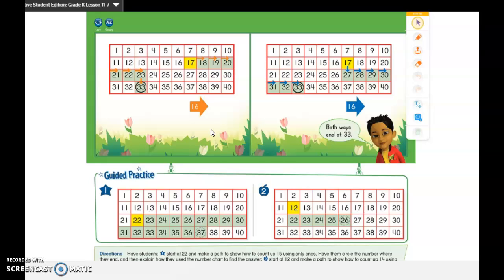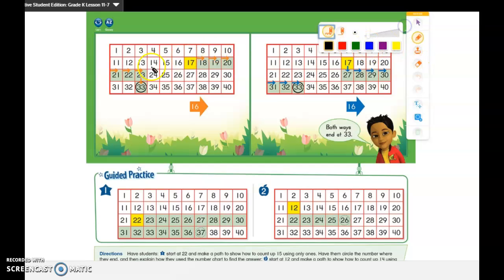So when we do these math problems, the counting by ones is going to take you longer, but it's a very clear path for you to see. Okay, so now these two examples are different ways to do this without counting by ones. So sure thing, ladies and gentlemen, we can count up 16 more, starting at 17, and they're using blue.